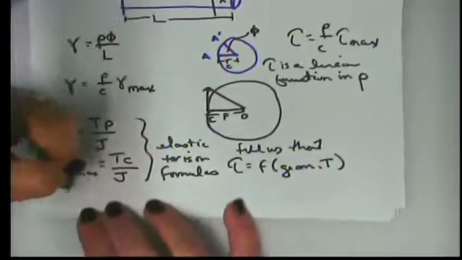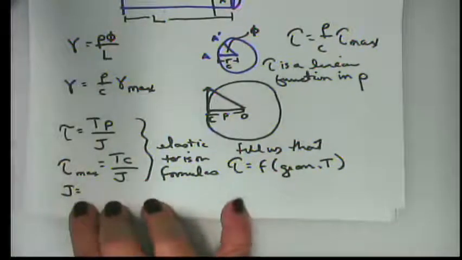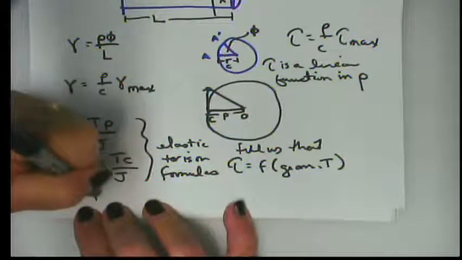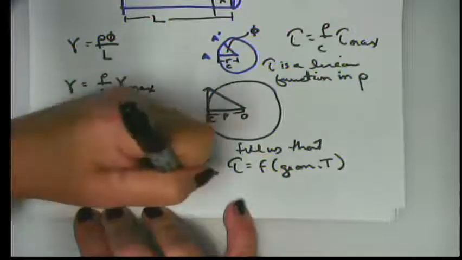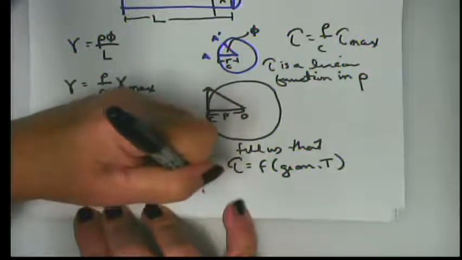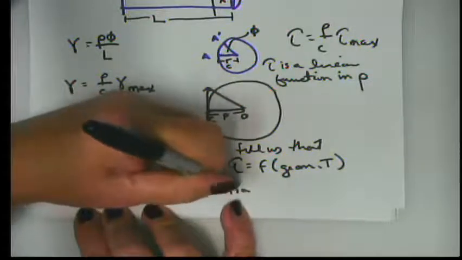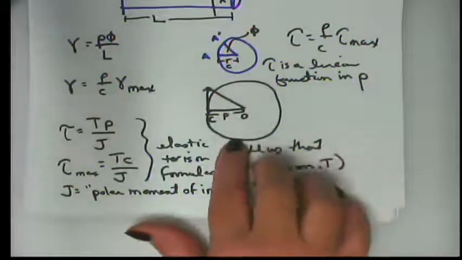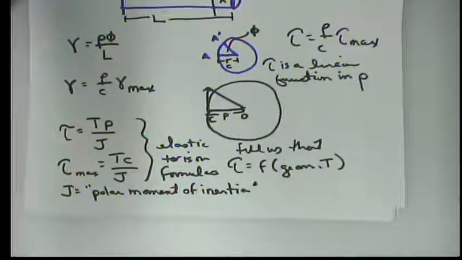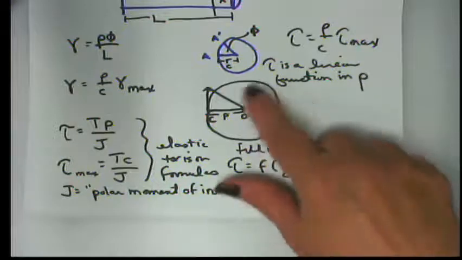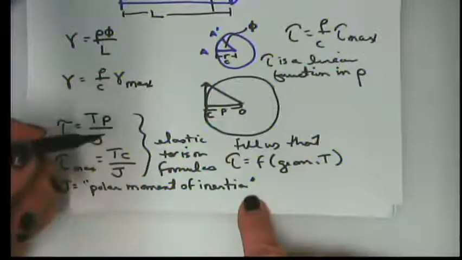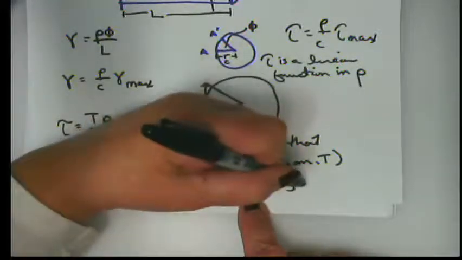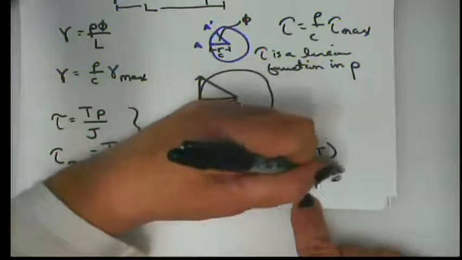Now J, we discussed very briefly last time, is referred to as the polar moment of inertia. And this is actually the reason, this and the warpage, that we only use the circular and hollow circular shafts. But the formula for the polar moment of inertia is the integral of rho squared dA.